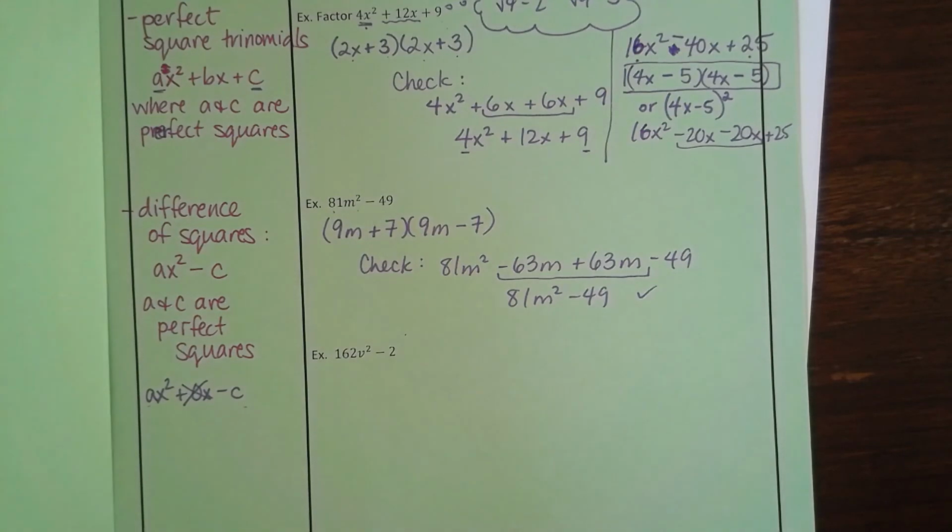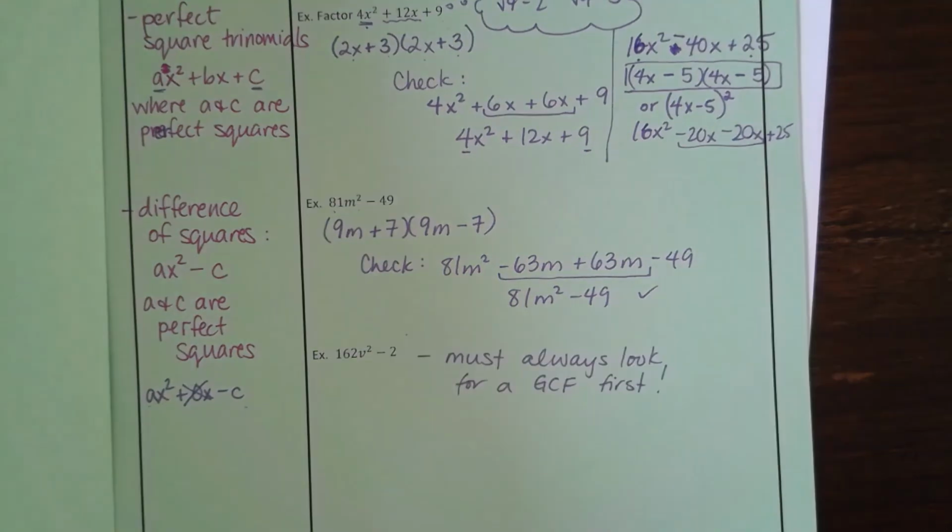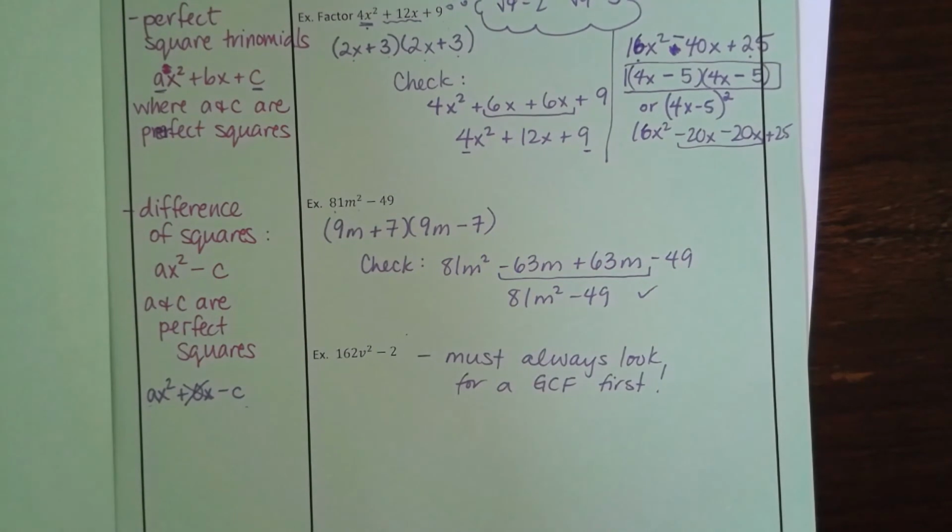So they're a good reminder that no matter what strategy we're using, decomposition, easy way, perfect squares, difference of squares, perfect square trinomials, it doesn't matter. We must always look for a greatest common factor first. It's a really important step.